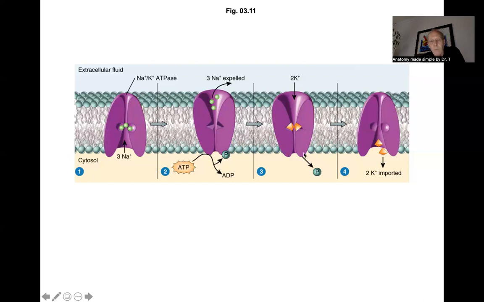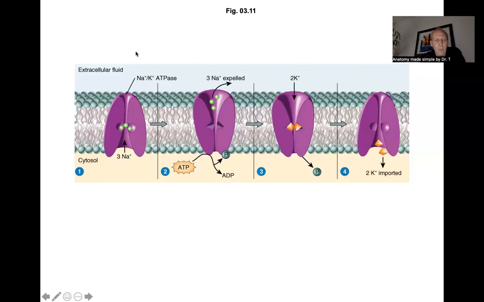And then the pump releases the phosphate group because that was the energy that was required. So through this example, we understand what transport against the concentration gradient is, and it goes in an odd ratio. For every 3 sodium ions, 2 potassium ions are imported into the cell.